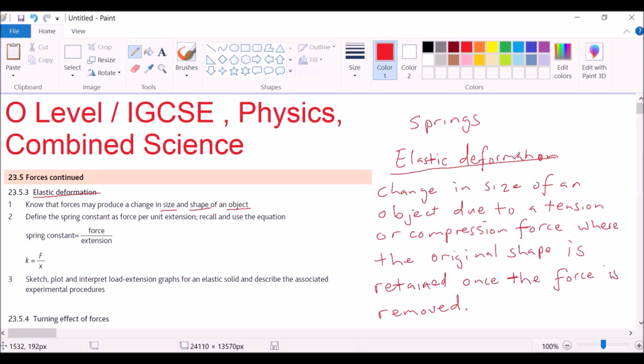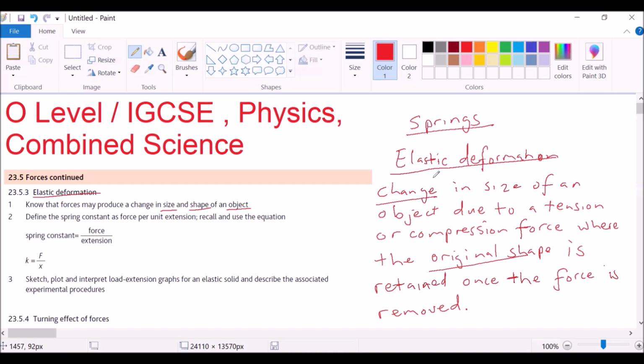When something is deformed, it has changed its shape. So elastic deformation is that change in size of an object due to a force where the original shape is retained once the force is removed. So when you remove the force causing the deformation, the object goes back to its original shape.